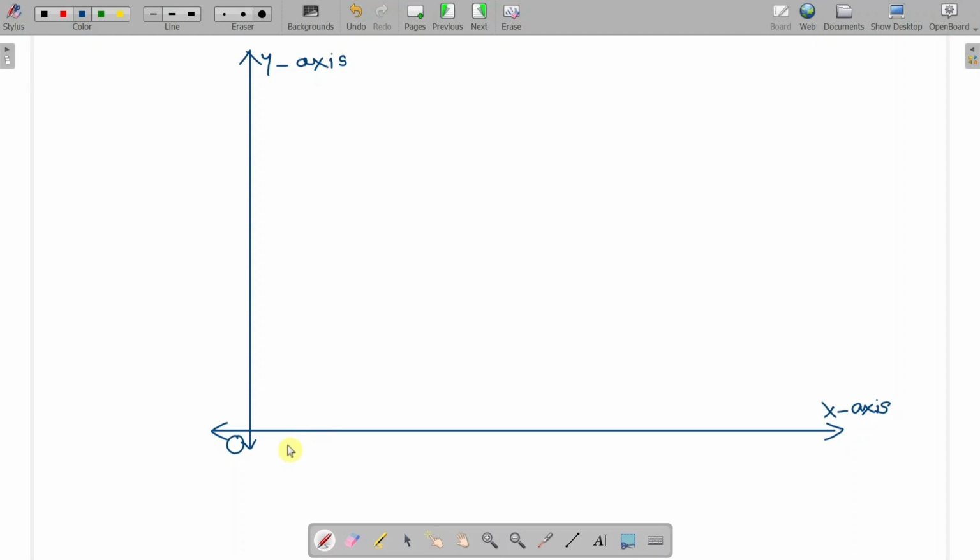Okay, so let us now take the scale. So this is 10, then this is 20, then 30, then 40, then 50, and then 60. Okay, similarly here 10, then 20, then 30, and 40, 50, 60.